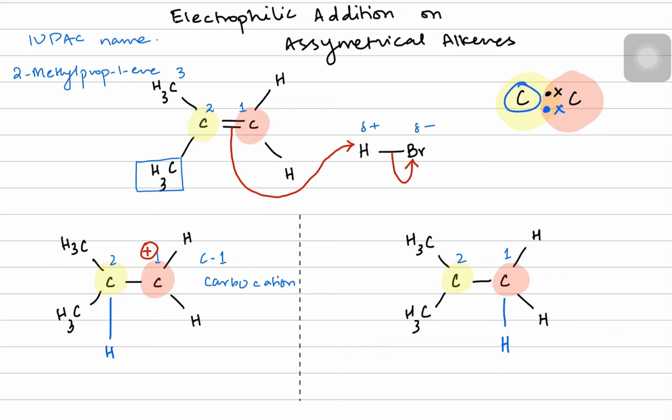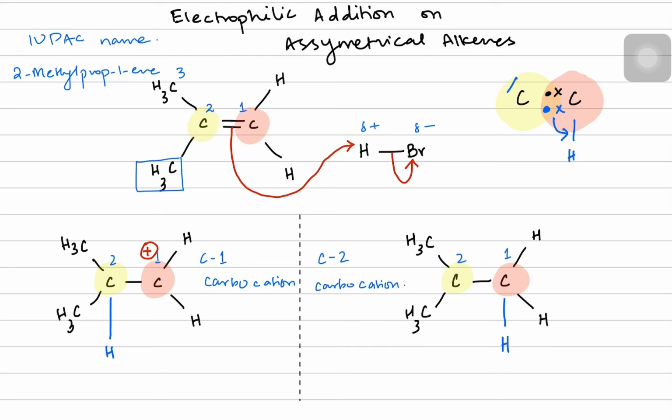If the yellow carbon uses the pi electrons to make a bond with hydrogen, then it's unjust to red. Or if the red carbon makes a bond with the hydrogen using these electrons, then it's unjust to the yellow. So it's very important to notice that whichever carbon makes a bond with hydrogen or the electrophile, the other one becomes the carbocation. Like on the right side, you can see carbon 2 becomes a carbocation.